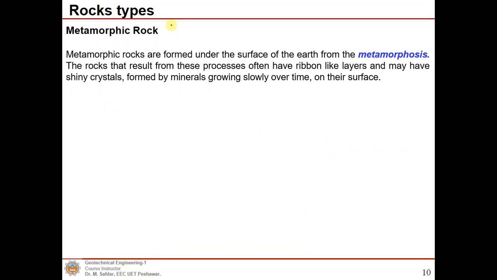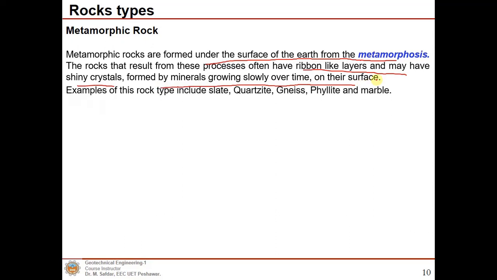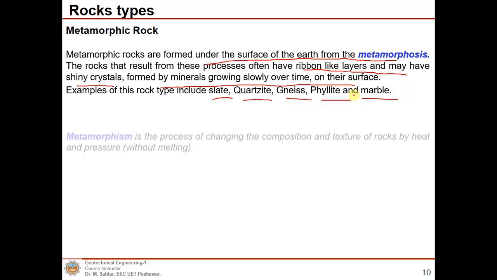Metamorphic rocks are formed under the surface of the earth from the process of metamorphosis. The rocks that result from these processes often have ribbon-like layers and may have shiny crystals formed by minerals growing slowly over time on their surface. Examples of this rock type include slate, quartzite, gneiss, phyllite, and marble.